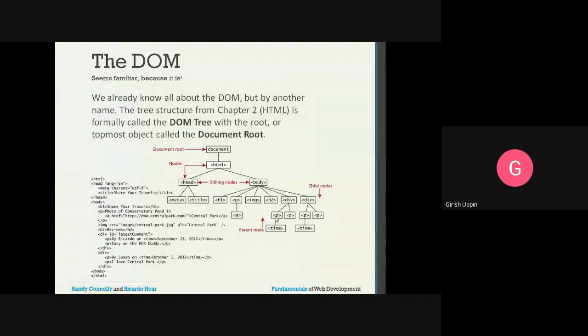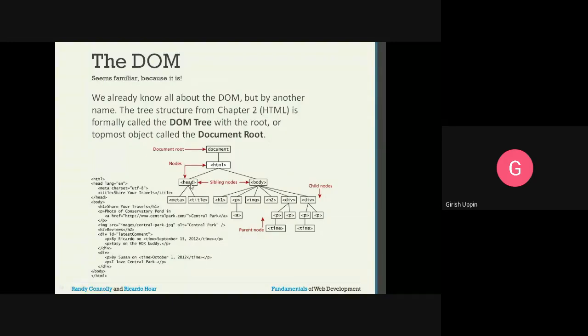Whenever we refer to the DOM tree, all are nodes, and a particular node can have a child node. For example, title is a child node to the head, and head is a child node to the HTML, and so on.